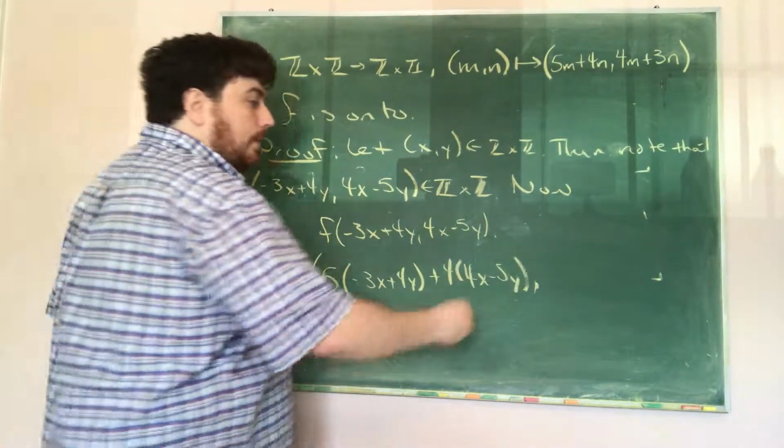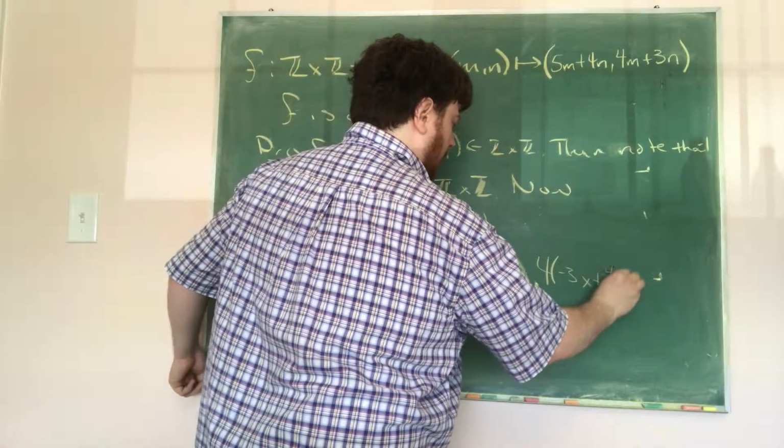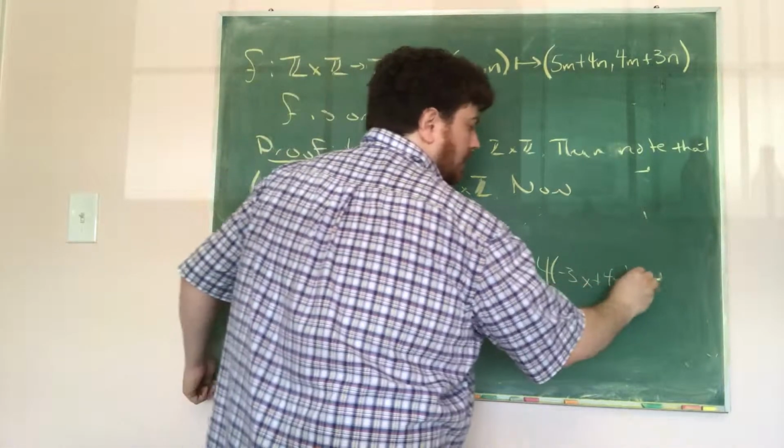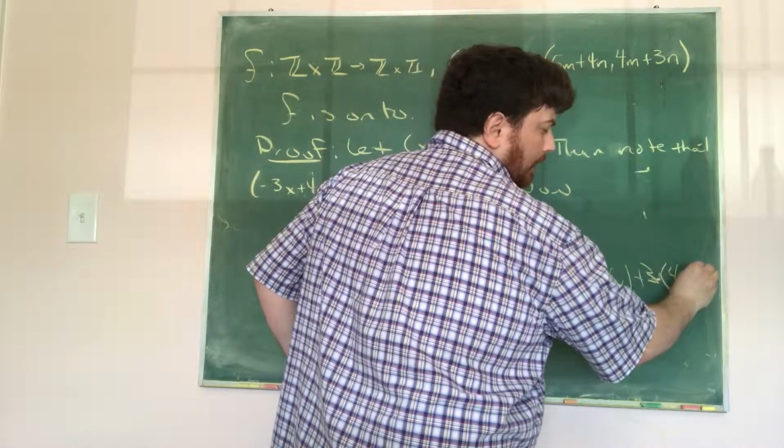And then we get 4 times m, which is negative 3x plus 4y, and then plus 3 times n, which is the 4x minus 5y.